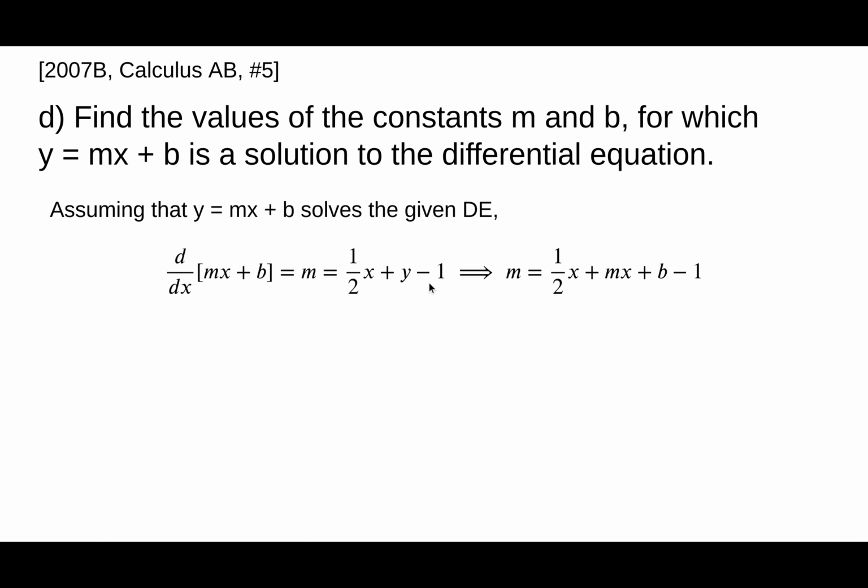So if we substitute y equals mx plus b in for y, we now have m equals 1/2 x plus mx plus b minus 1. Now there's only m's, x's, and b's.